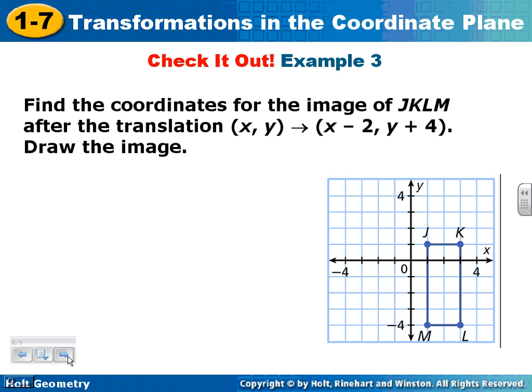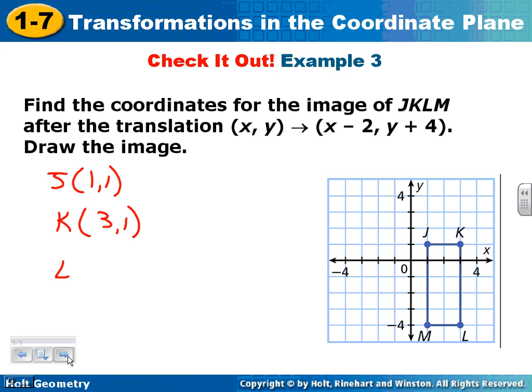Let's try another one. On this one, let's start with J. I'm just going to list the points here. J is, what's graphed? 1, 1. And then K, let's just do all the regular points. That's 3, 1.